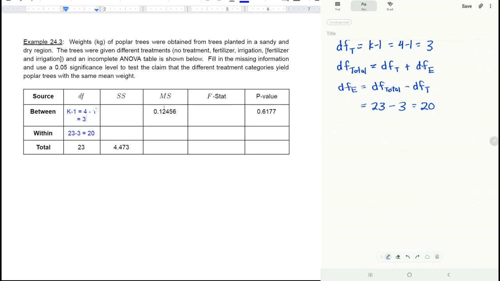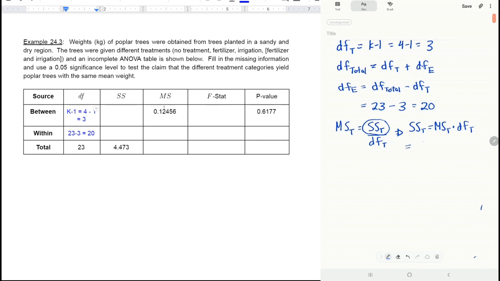Recall that to find the treatment mean square, we took the treatment sum of squares and divided it by the treatment degrees of freedom. Now we can rearrange and solve for the treatment sum of squares. If we multiply both sides by the treatment degrees of freedom, the treatment sum of squares is the treatment mean square times the treatment degrees of freedom.